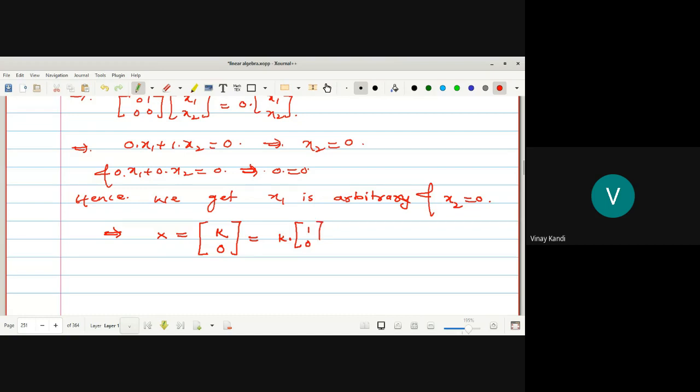Any doubt up to here? So hence any scalar multiple k of 1, 0 is a characteristic vector corresponding to characteristic value 0. Any doubt?